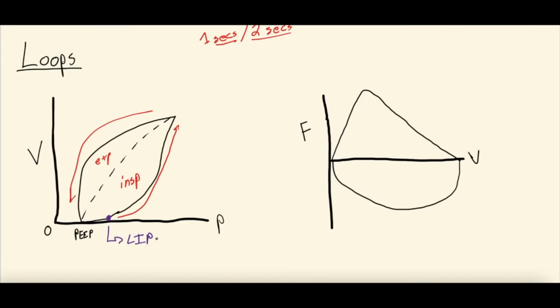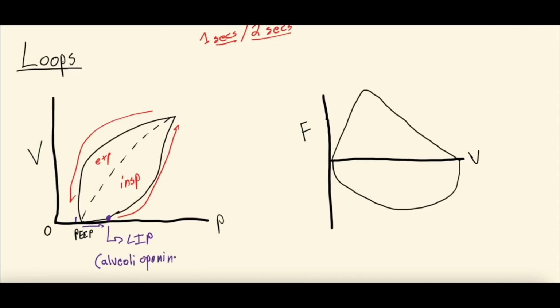What we can see happening here is the pressure is increasing with very little volume increase up until this point, right? And the thought with the lower inflection point is this is where compliance changes. So this lower inflection point is the pressure it requires to open up the alveoli.